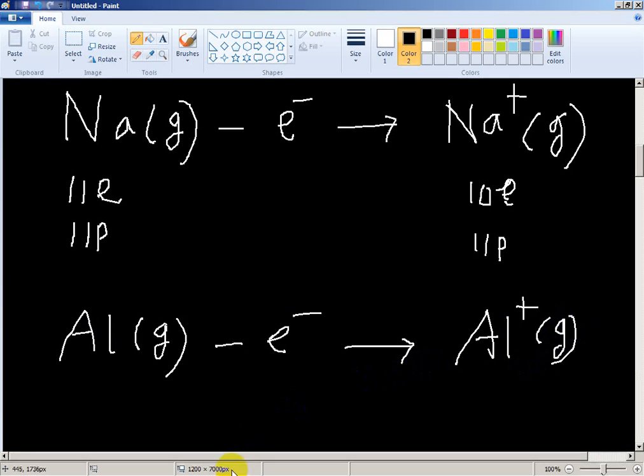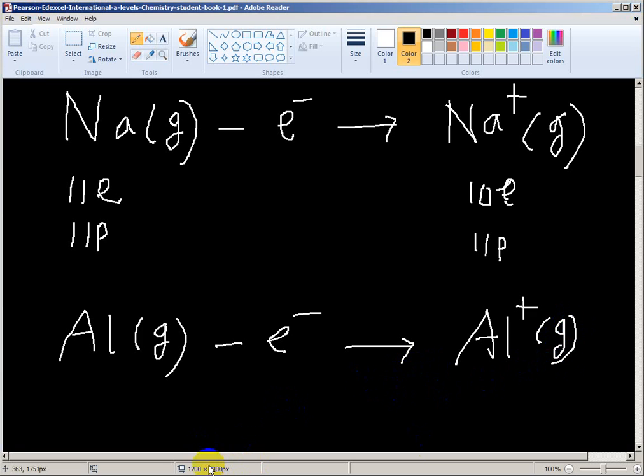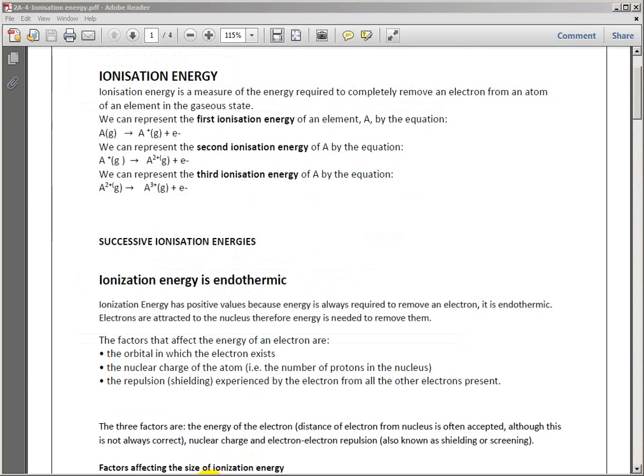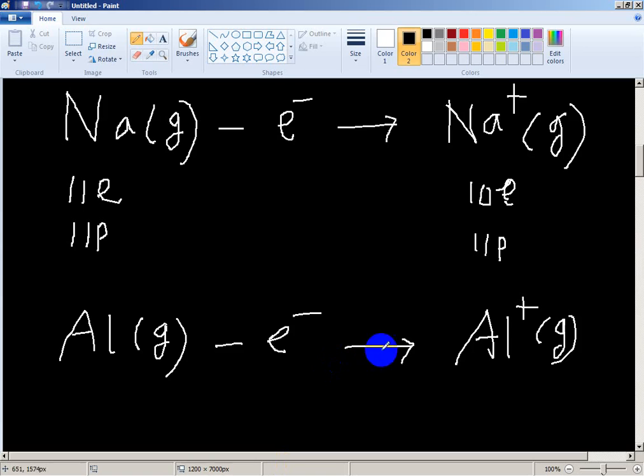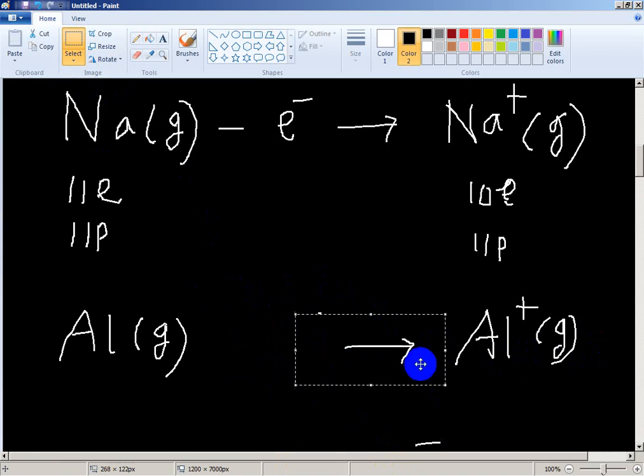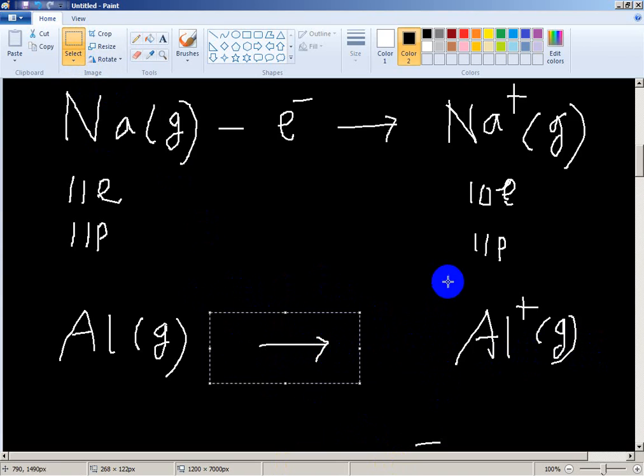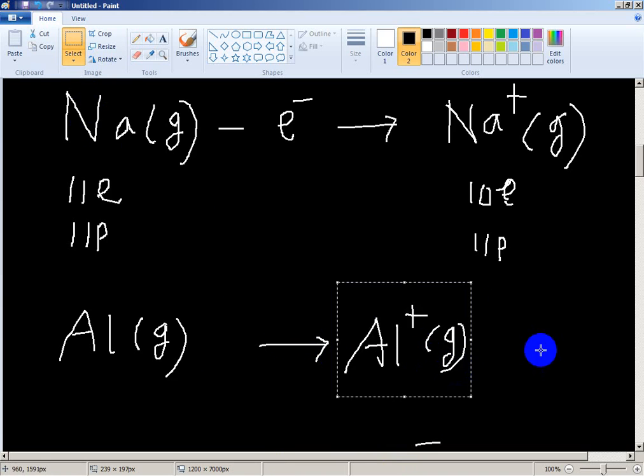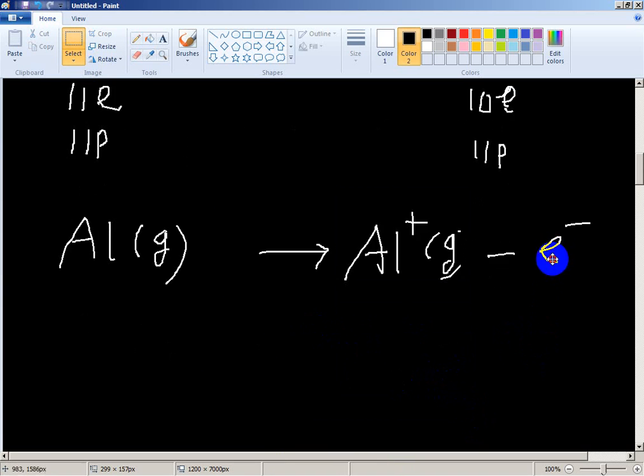Okay, this can be written so that the minus on the left-hand side is written on the right-hand side, and the negative electron becomes a plus on the left. In the left-hand side it is negative and in the right-hand side it becomes positive.